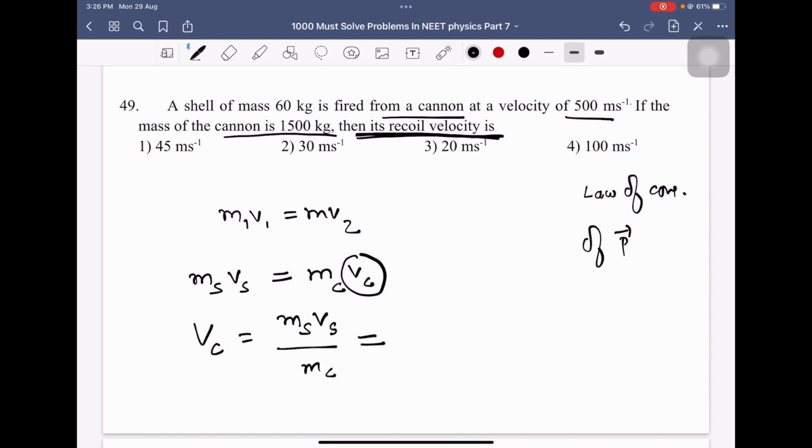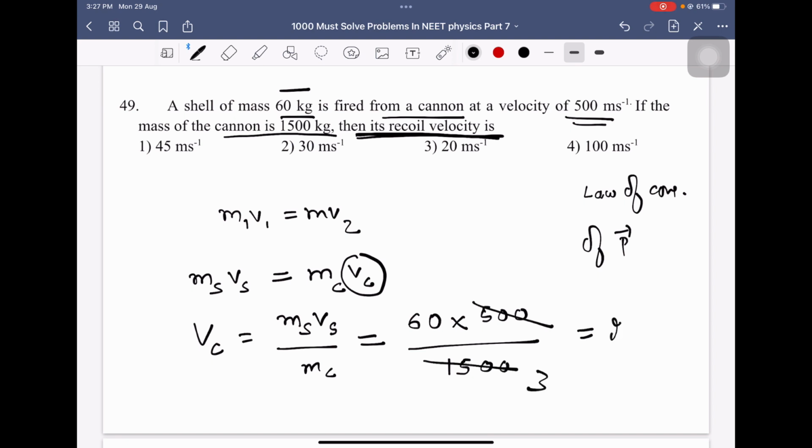Mass of the shell is 60 kg into velocity of the shell, 500 meter per second, divided by mass of the cannon, 1500 kg. So 500 goes 3 times. 60 by 3 is 20 meter per second. Therefore the recoil velocity of the cannon is 20 meter per second.